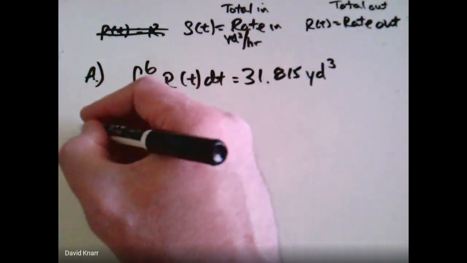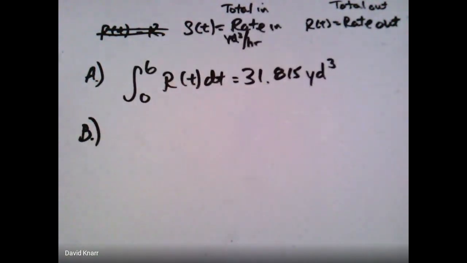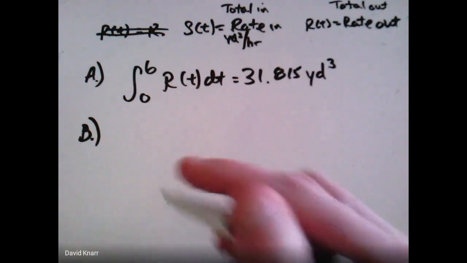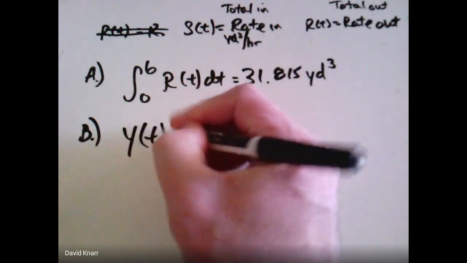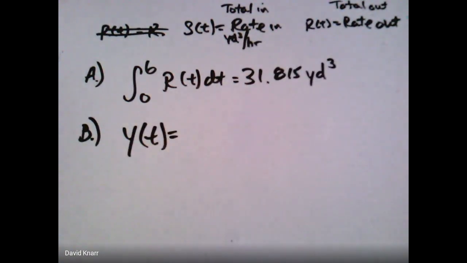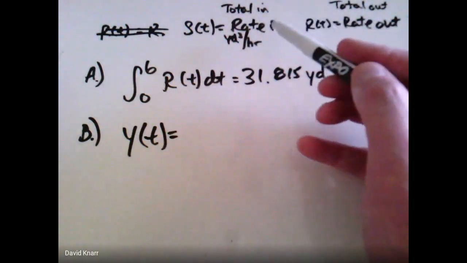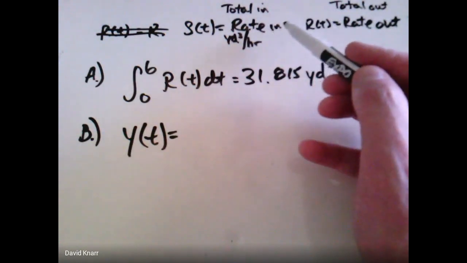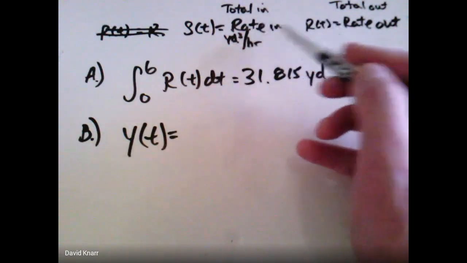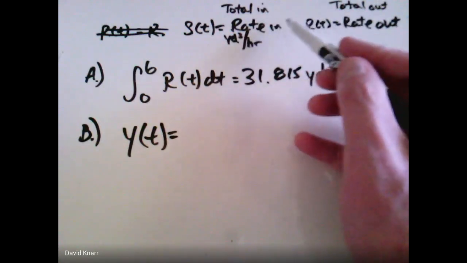All right. Letter B asks for an expression y of t, which will represent the total number of cubic yards of sand on the beach at time t. Okay, so for the total amount of sand on the beach, we've got two rates going here, a rate in and a rate out.